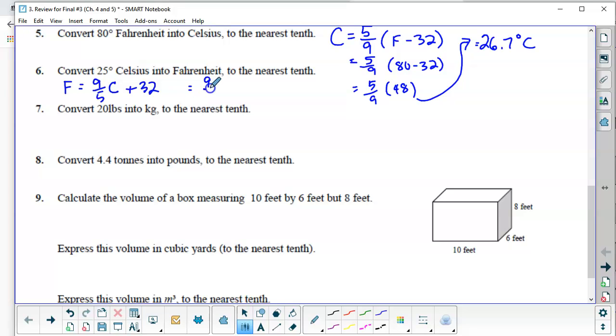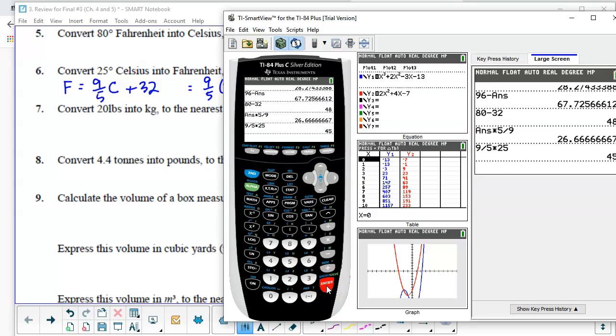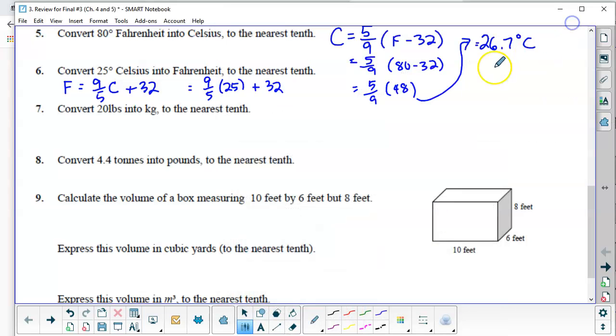So in this case, 9/5 times 25 plus 32. So 9/5, 9 divided by 5 times 25, okay, is 45, plus 32 is 77. And that's degrees Fahrenheit, which is slightly less, as we said.